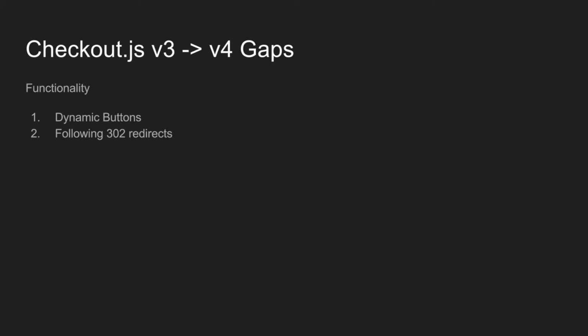That is not supported in V4. And then the last part is the condition method in V3, which told the JavaScript to only launch the pop-up or the experience once this function returned true. That's not available in V4 either.